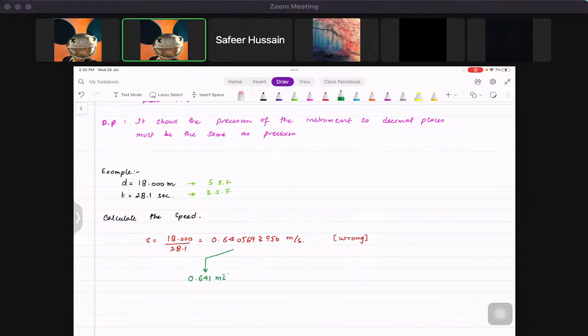Either this is right, or you could write it in 4 significant figures, which is one more than the minimum, which is 0.6406 meters per second. Now you cannot go above it and you cannot go below it, because then it would not be correct. Is it clear, everybody? Yes, sir.